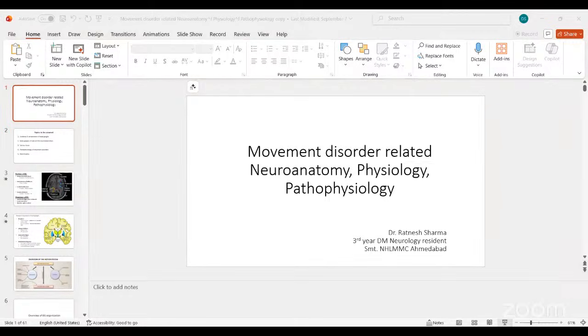Today's moderators are Dr. U.M. Srinivas and Dr. Somesh Singhal. And today, Dr. Nidhi and Dr. Dhanya will present. If anybody wants to say something, they can unmute themselves.